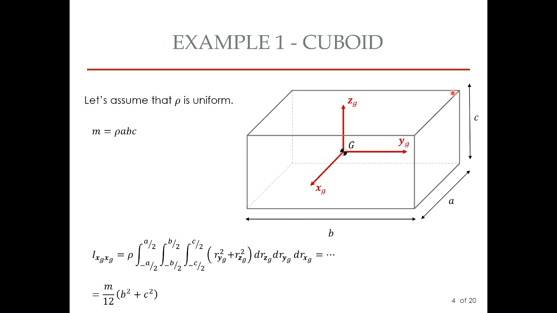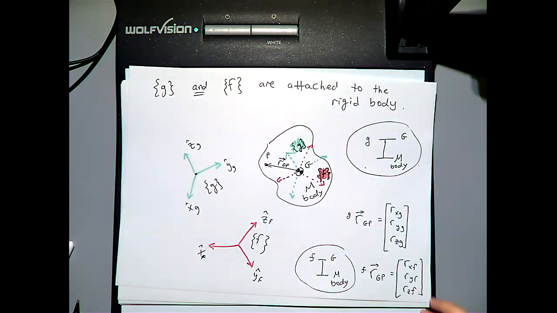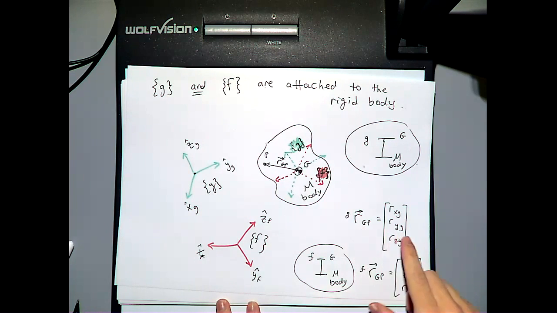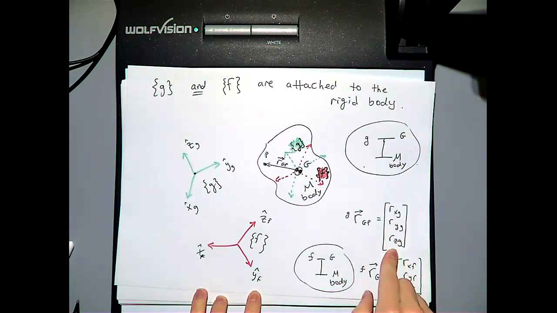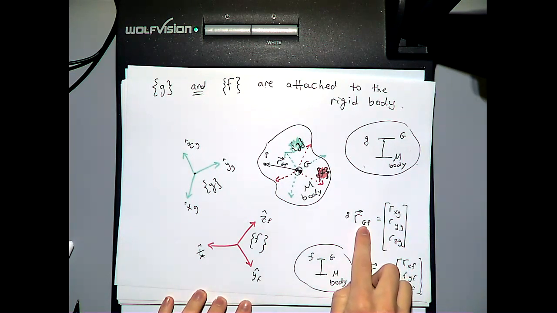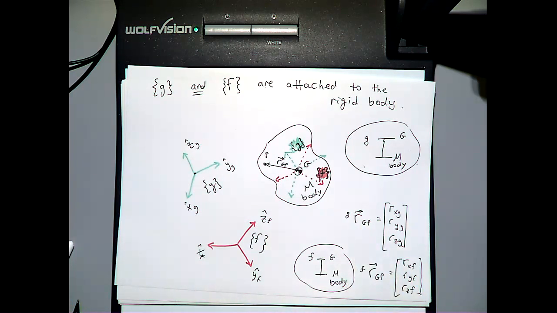You can't do it from 0 to c because your vector coordinates here are measured from point G, which is in the center. In the center, the maximal RZG you need is c by 2, and the minimal you need is negative c by 2, not 0 and c. So be careful.